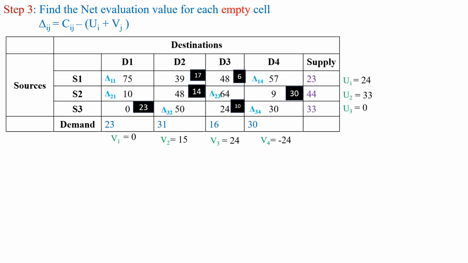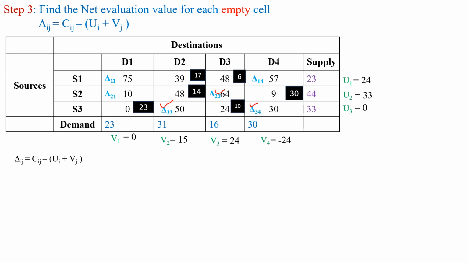Similarly, another empty cell, delta 14, another empty cell, delta 21, another empty cell, delta 23. Next empty cell is 32, so here we have to find the delta 32 value. Similarly, delta 34 value.